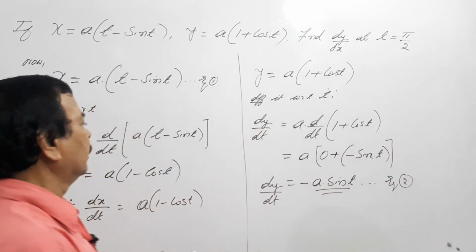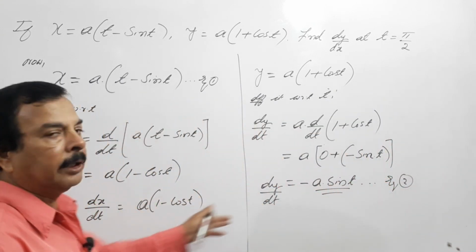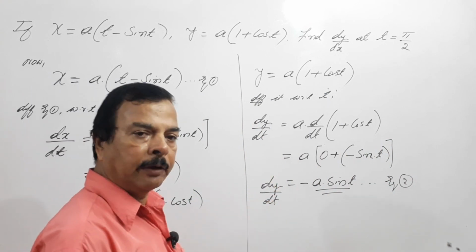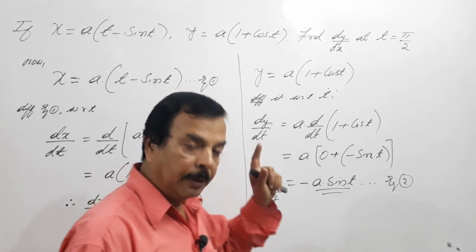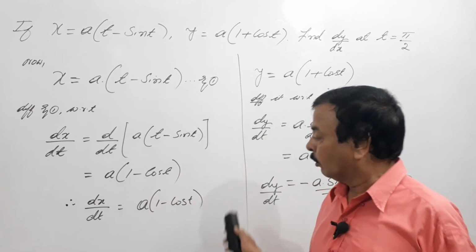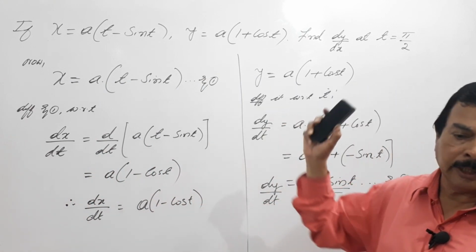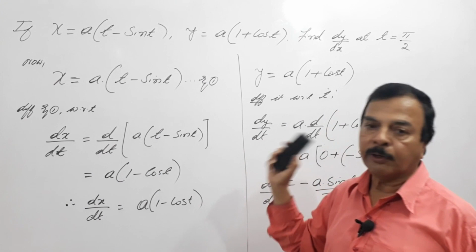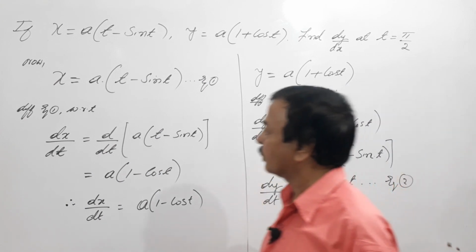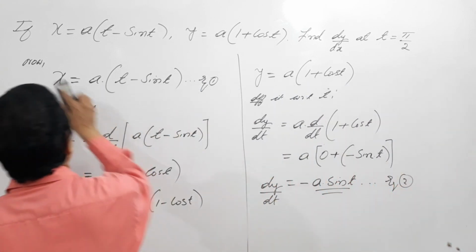So we have got dx by dt and dy by dt. So how to get dy by dx? Remember, in order to get dy by dx in parametric functions, we have to use the chain rule.